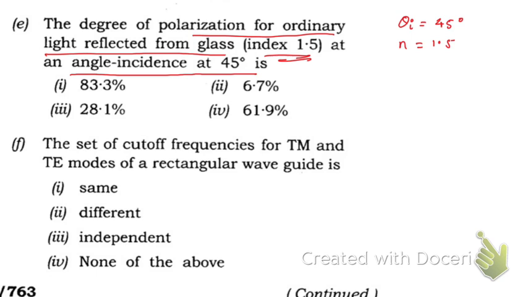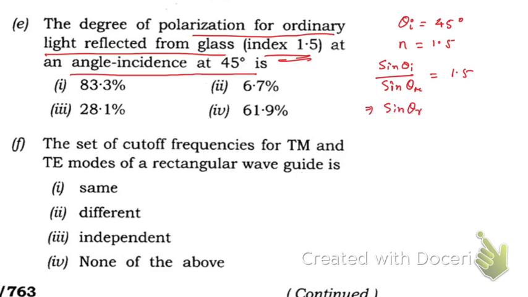According to Snell's law, sine theta I by sine theta R, that means angle of incidence by angle of refraction, is 1.5. So from here we can find sine theta R.